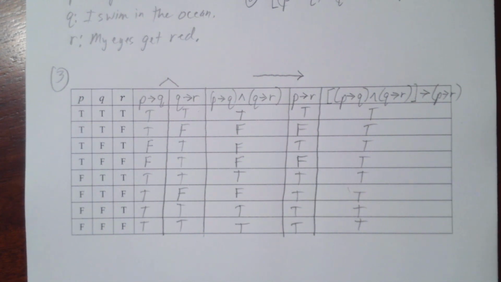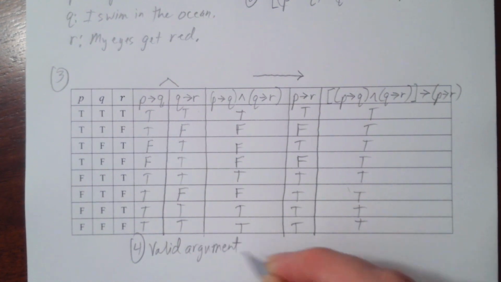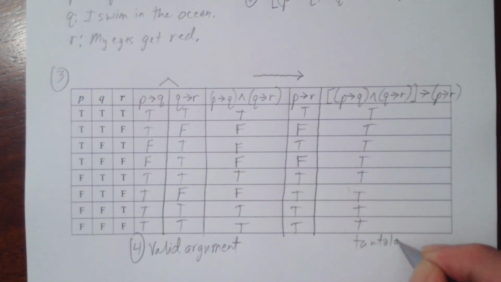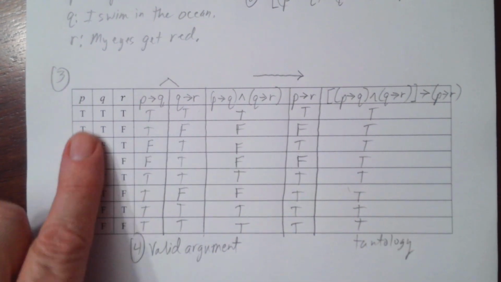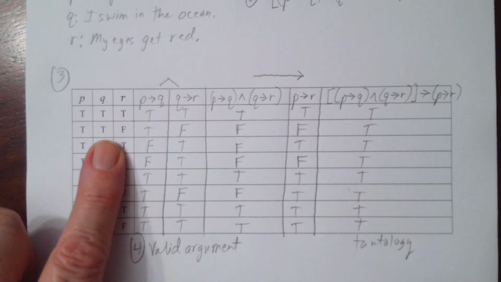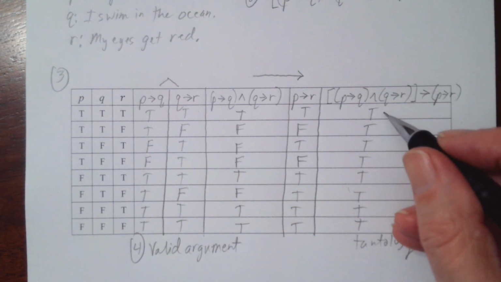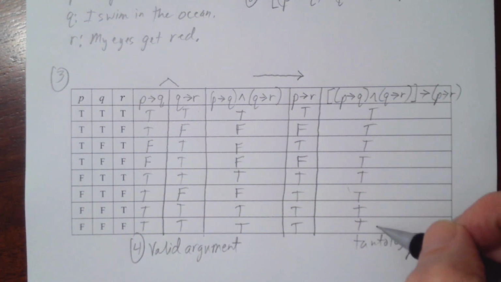So finally, step 4, we would say this is a valid argument. And it's because of the fact that this is a tautology. No matter what the P, Q, and R truth values are, you always have that this statement is going to be true.